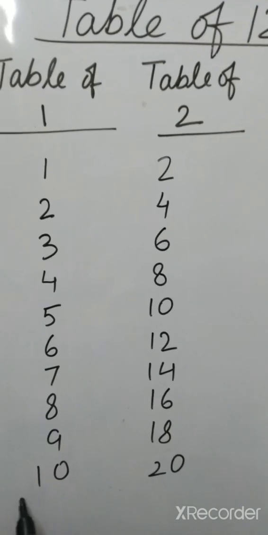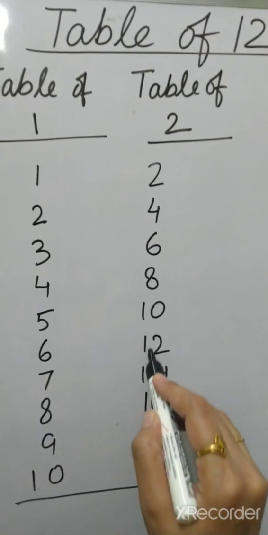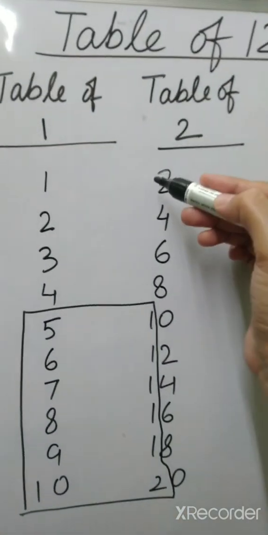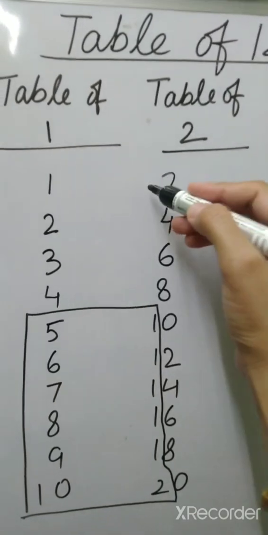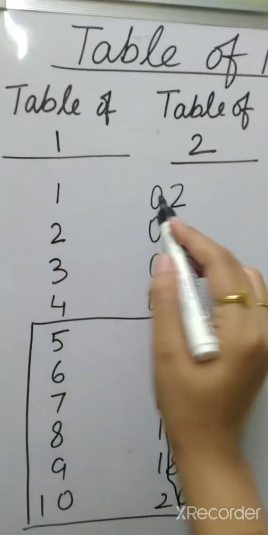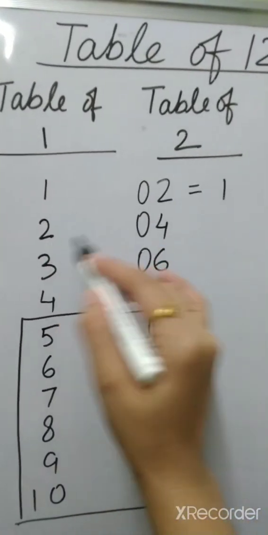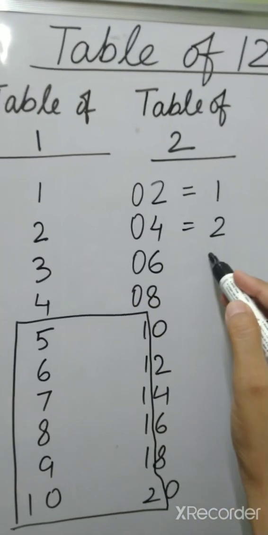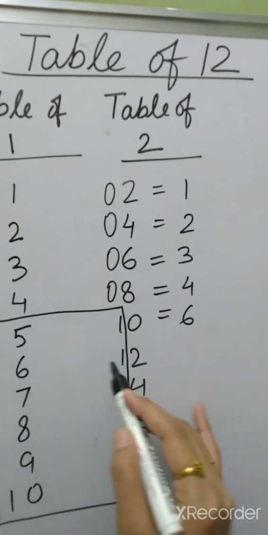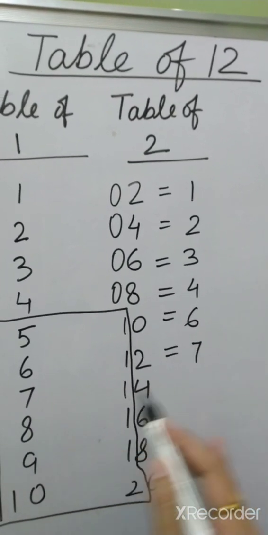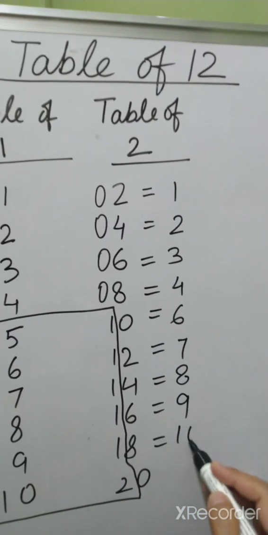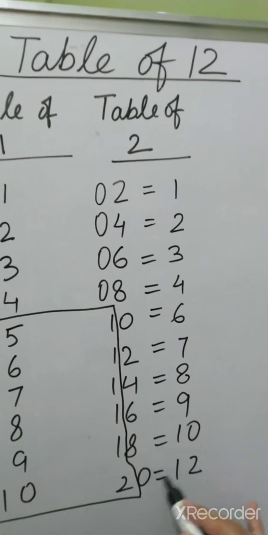Now what you have to do is to add these digits. Right? Here we have 0. If you want, you can write 0 and add them up. If you don't want, there is no need of writing. Now 1 plus 0 is 1, 2 plus 0 is 2, 3, 4, 5 plus 1 is 6, 6 plus 1 is 7, 7 plus 1 is 8, 8 plus 1 is 9, 10 and 12.